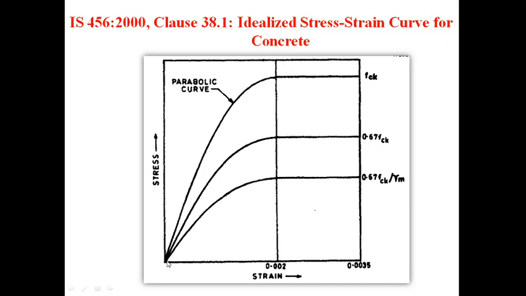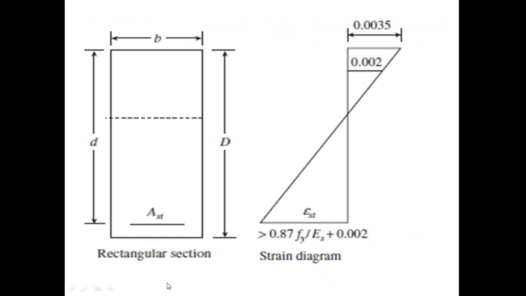This is the final curve we use for design in flexure, that is in bending. So 0.002 is the strain up to which stress varies parabolically, and then it remains constant while strain increases, and 0.0035 is the failure strain.